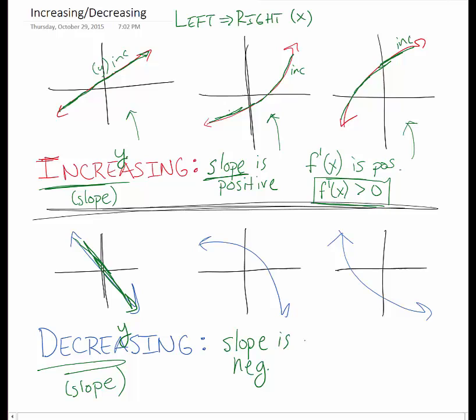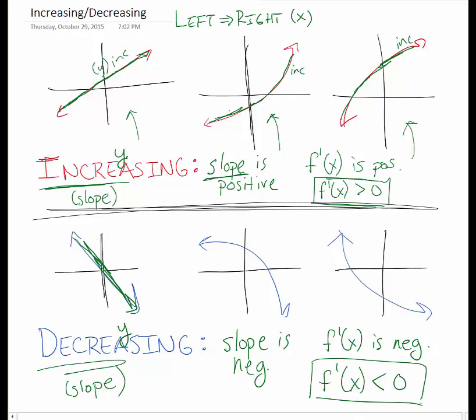And another way to write that, instead of slope, we're going to say that the derivative is negative, or the derivative is less than 0. So whenever you see a derivative that's negative, that means that graph is decreasing. The slope is negative. The y value is going down. And when a graph has a derivative that's positive, we know that it's increasing. The graph is going up.